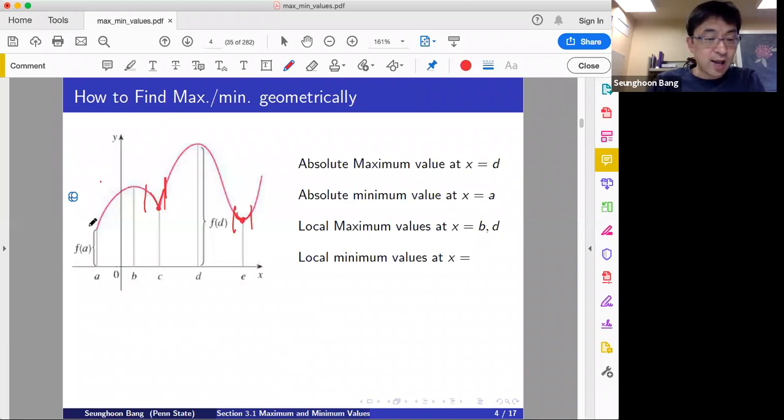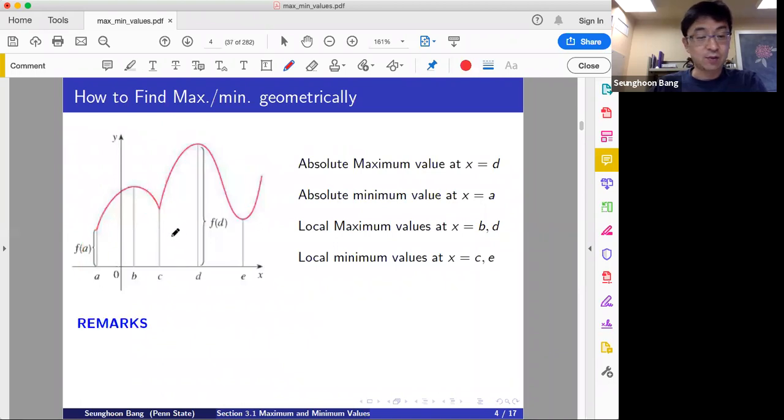But what about A? On the left-hand side we don't have a function value, so we cannot compare f of A with other function values on the left-hand side. So we don't have a local minimum at A, just C and E.